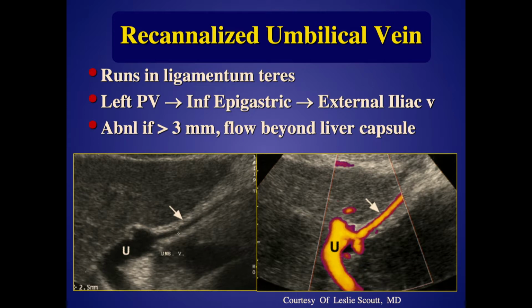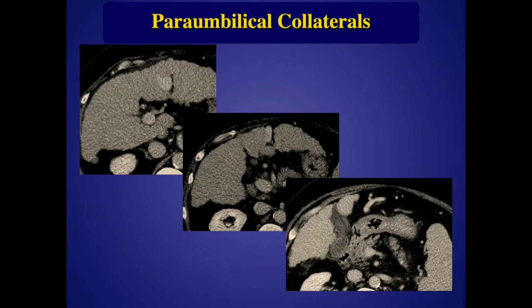Here's a look at the paraumbilical vein, again, coursing from the left portal through the falciform ligament, and you can follow it all the way down through the abdomen and see the caput medusae, as you can appreciate when you examine the patient physically, as well as looking at the collaterals.